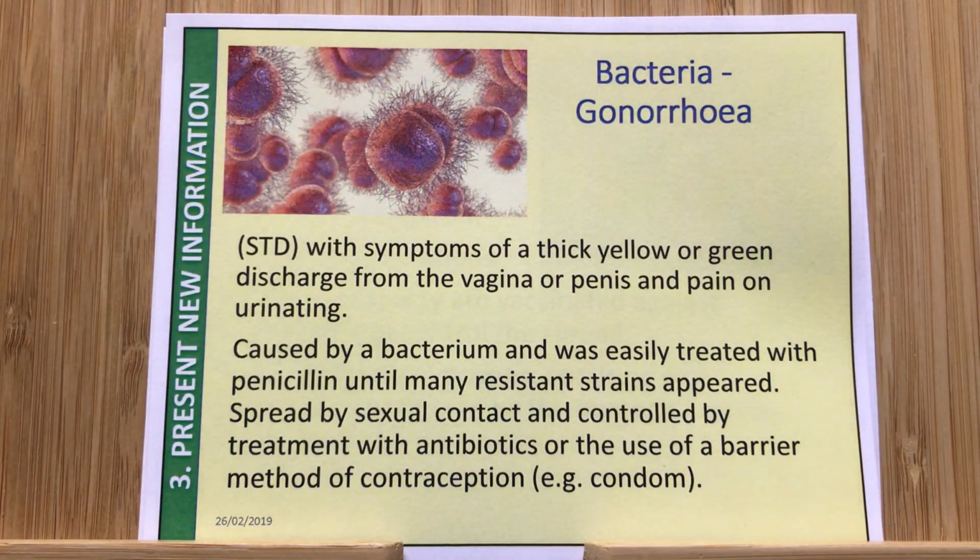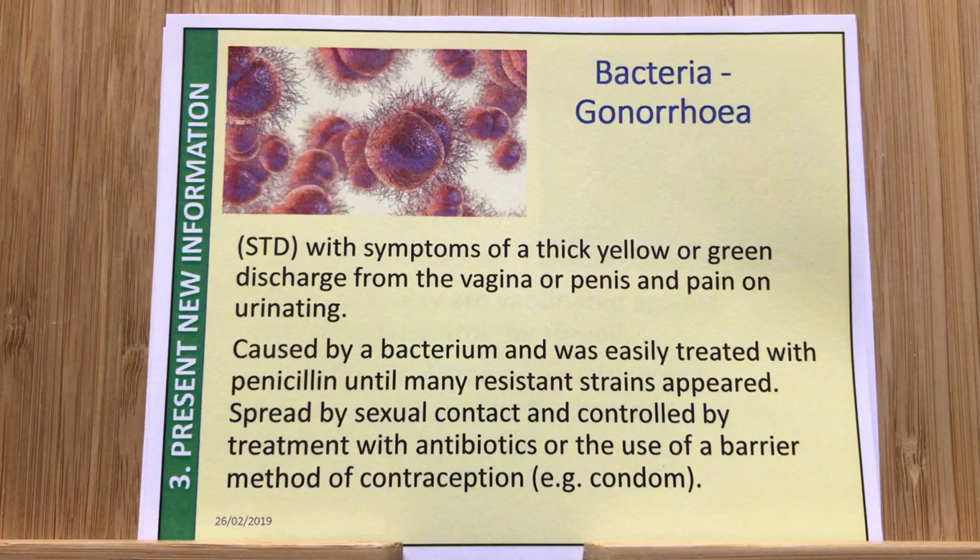Okay, next we're looking at gonorrhea. And gonorrhea is also a bacteria. This is a sexually transmitted disease, and you do have to remember both symptoms for this, which is a thick yellow or green discharge from the vagina or penis and pain when urinating. It's caused by bacteria. It's easily treated using antibiotics such as penicillin.